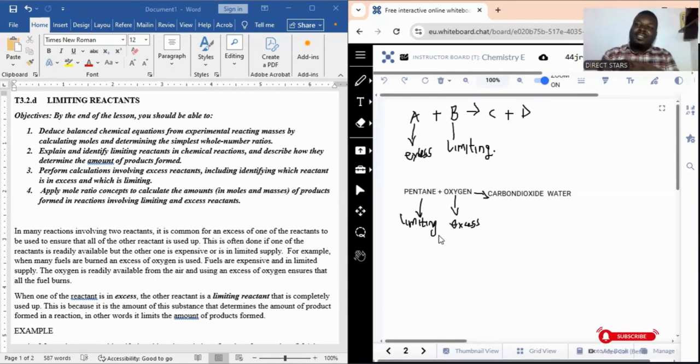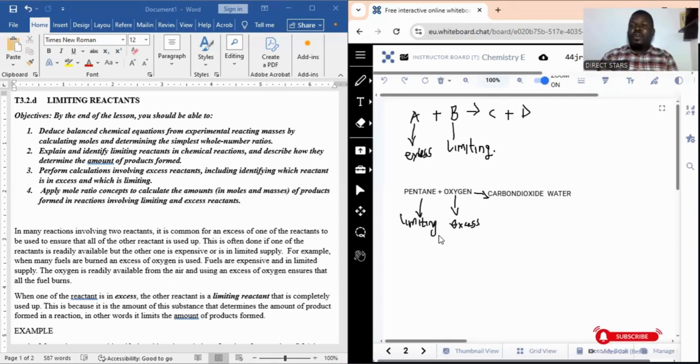This is seen even when we burn things like wood during winter to heat the house. When you burn this wood in plenty amounts of oxygen, you get more combustion, you get a brilliant flame, compared to when you do so in limited amounts of oxygen.